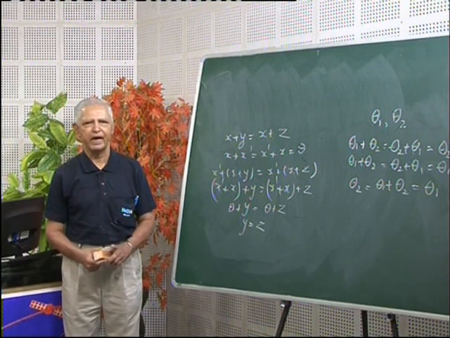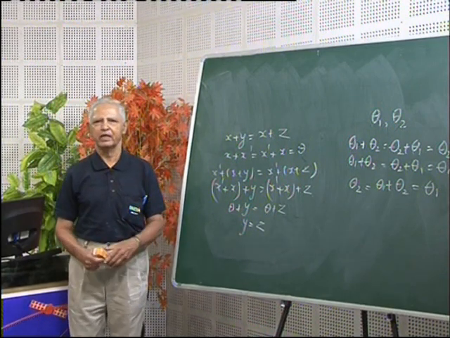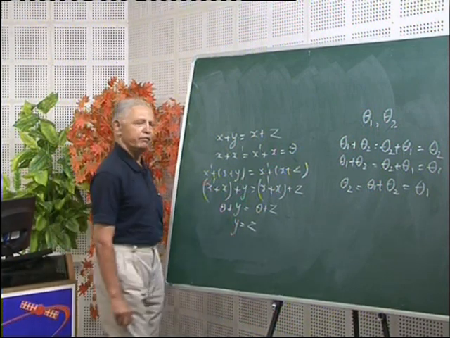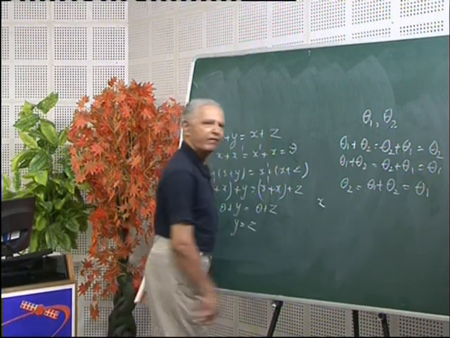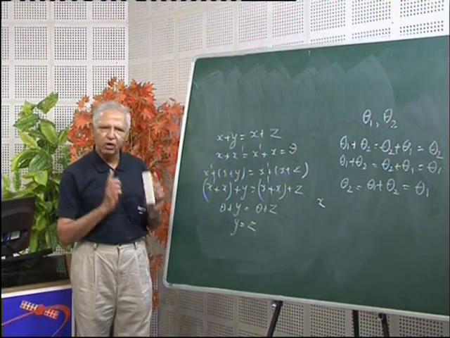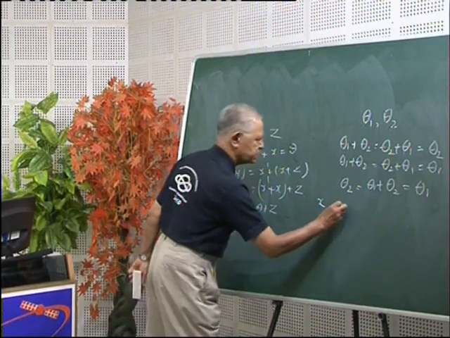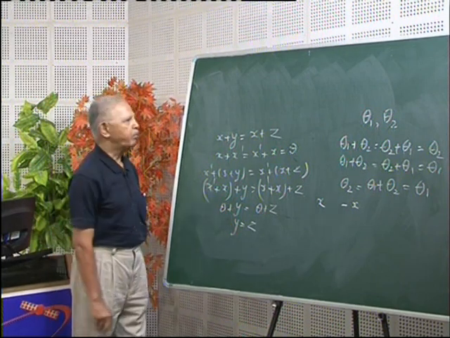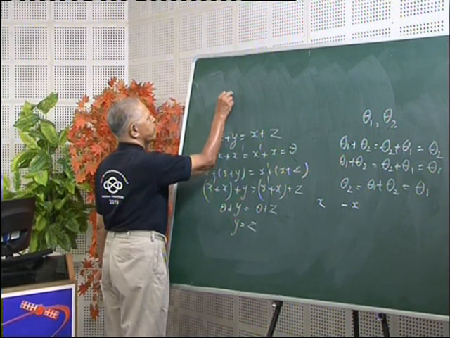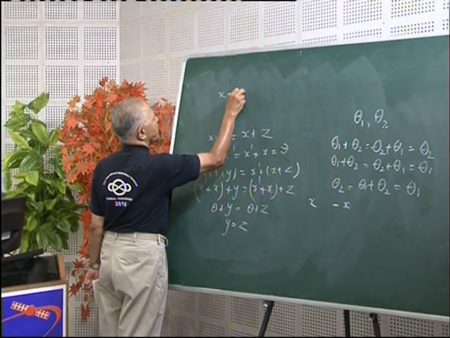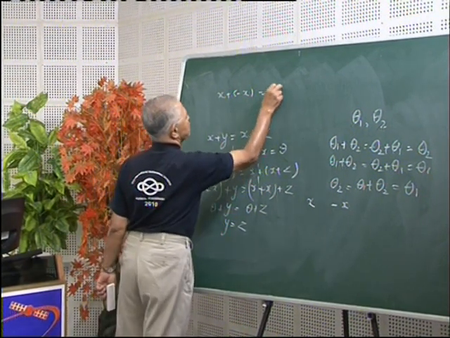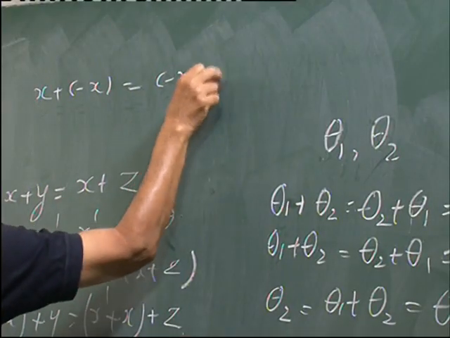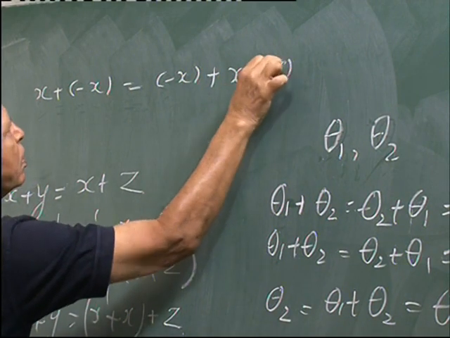Similarly, we can prove that the inverse of a vector is unique, and if x is a vector, we denote the inverse of the vector x by minus x. That means, for any vector x, we get x + (-x) = (-x) + x = 0 vector.